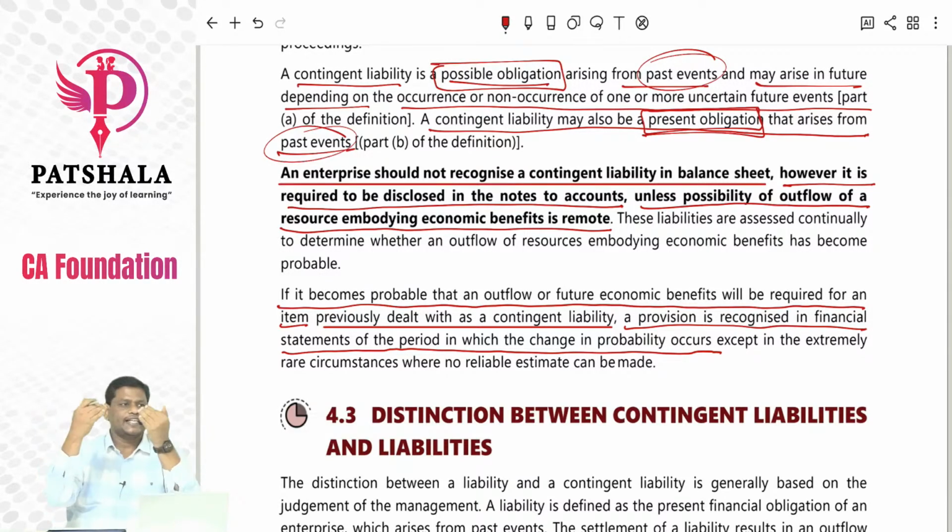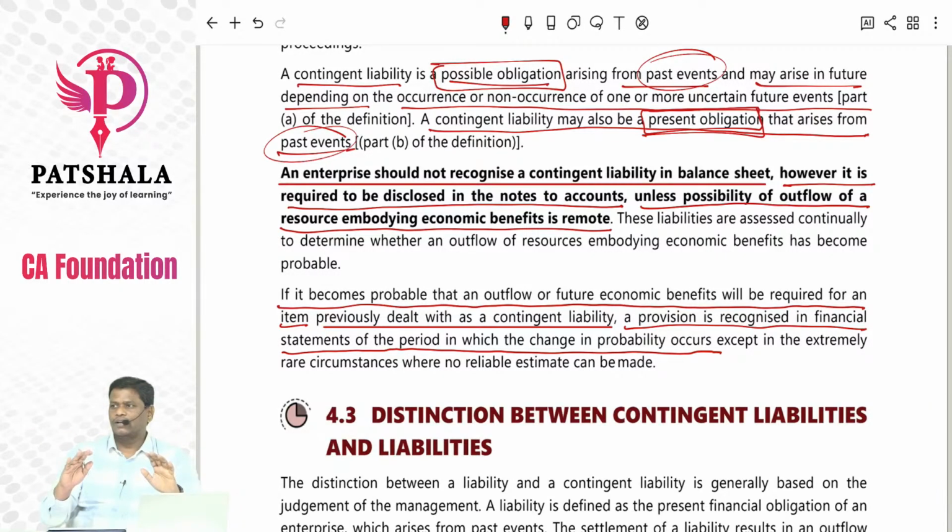Example: someone filed a case against us. He used our goods, and after using them he got some damage. For example, he used a phone, the phone burst, he lost his ear, and he filed a case against Apple. As soon as he filed a case against Apple, is Apple liable to pay? No. The case is going on, it's a contingent liability.